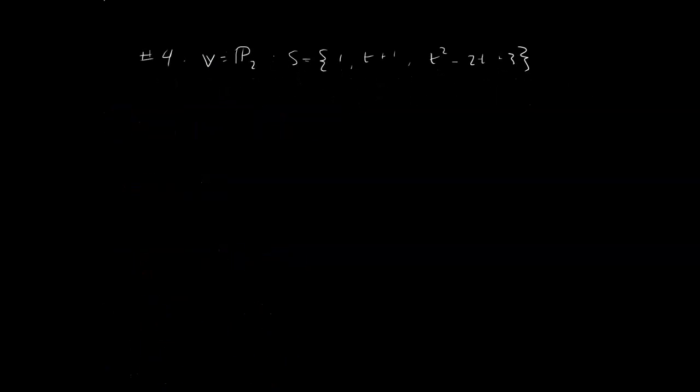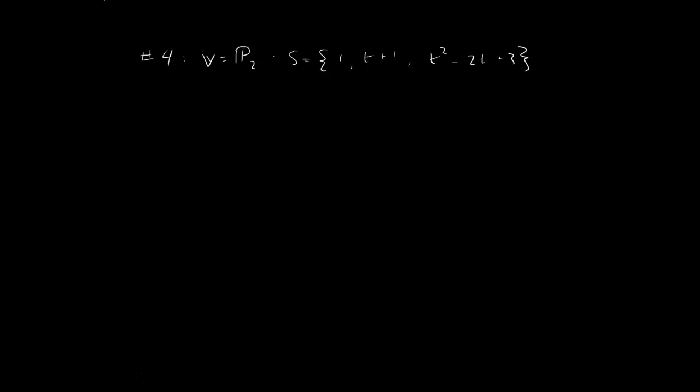All right, so now in number 4, we're not considering the space of real numbers, we're not doing R3, but the space of polynomials. And so the P with a little 2 down there refers to polynomials of degree 2. It could be less, but not more. So in this case, we're going to ask, do these 3 functions span that?